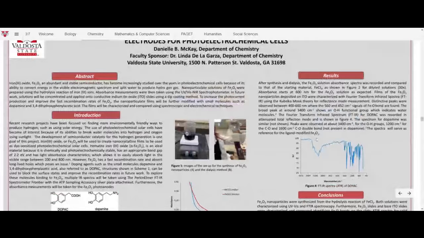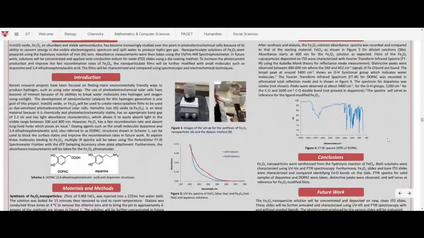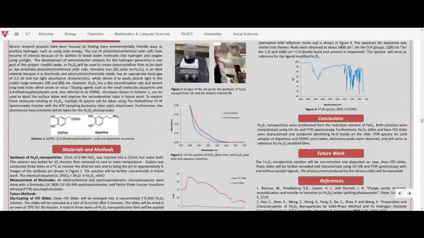and eventually it will help its ability to convert light energy more effectively after we create these cells. So far in my project, I've done a lot of background work. I've prepared the iron oxide nanoparticle solution. And as you can see in the figures, figure 1 is some of the steps I've taken to prepare the solutions. I've also characterized the solution using UV-vis techniques.